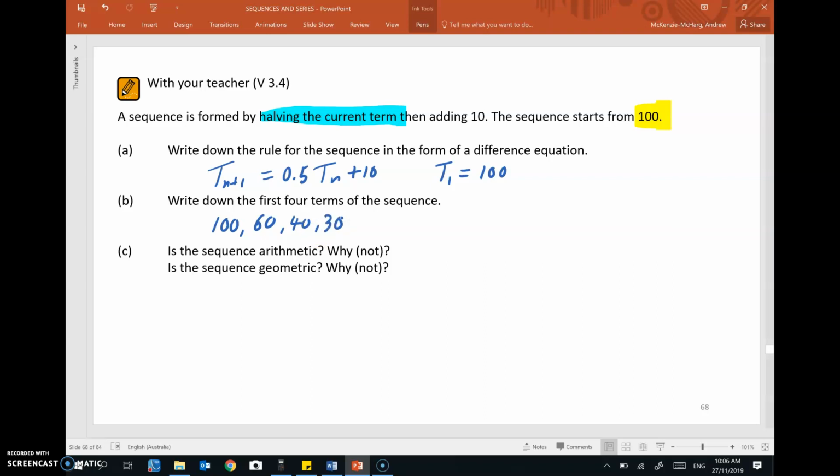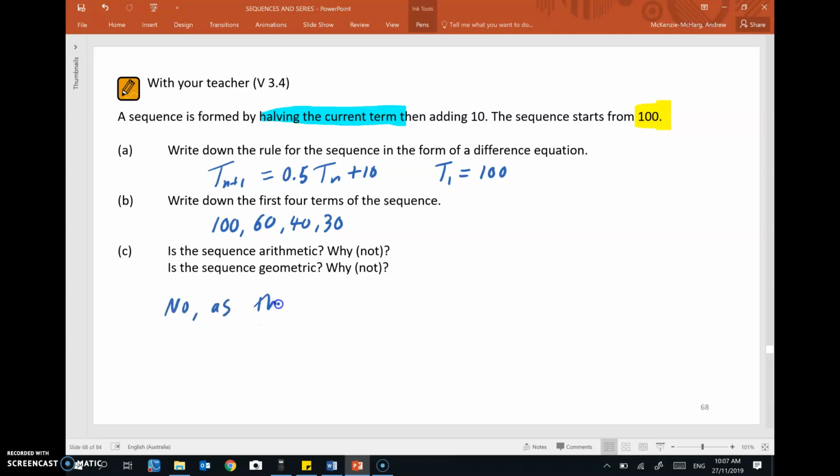Okay, so the last part of this is asking us whether the sequence is arithmetic or is it geometric. Well, the answer to both of those is no. And why is that? Well, because they have both arithmetic and geometric parts, so they're neither exclusively arithmetic or geometric.